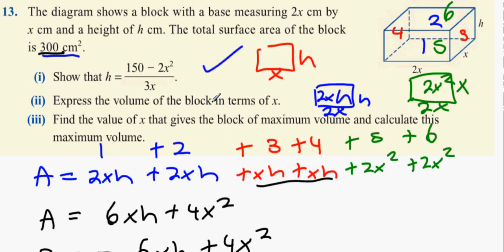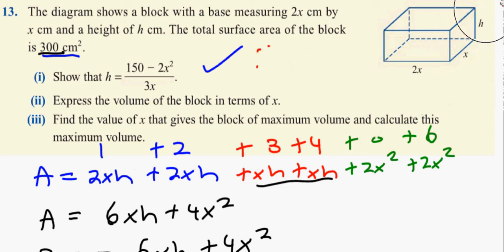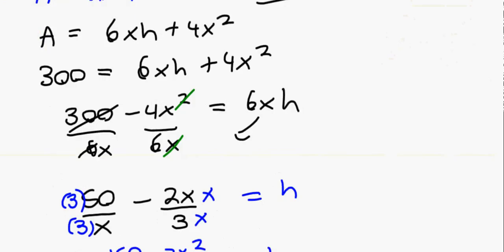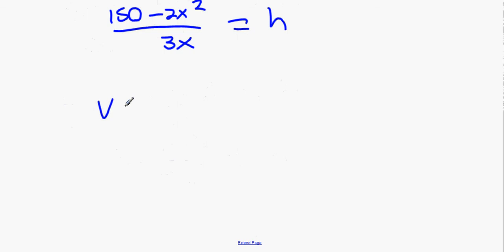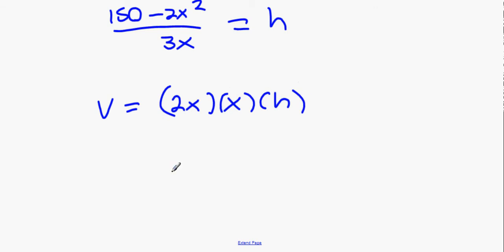Grand. Express the volume of the block in terms of x. Well, the volume of the block, as we can see here, is going to be 2x by x by h. Volume equals 2x by x by h. And what we're going to get here is 2x squared h.